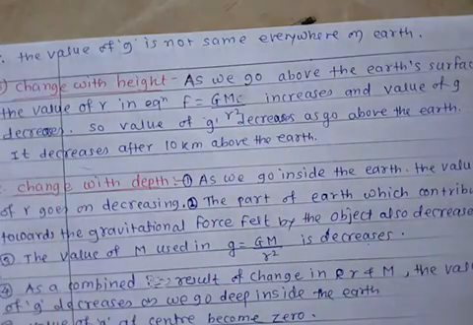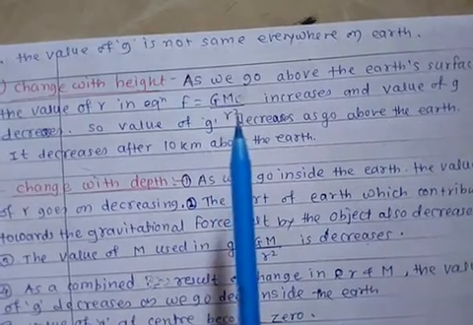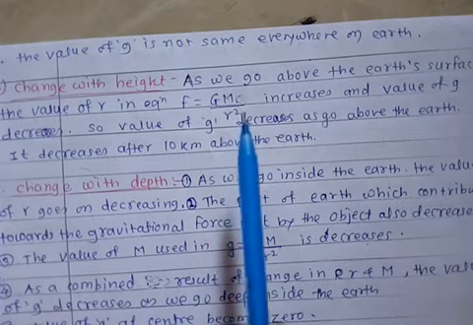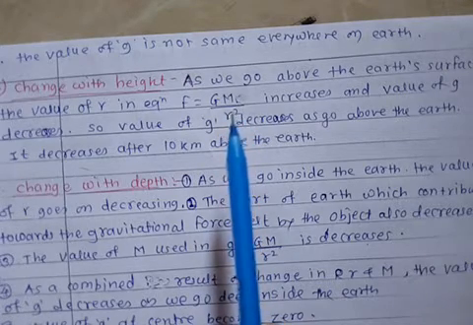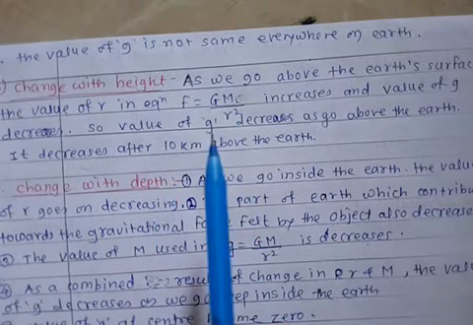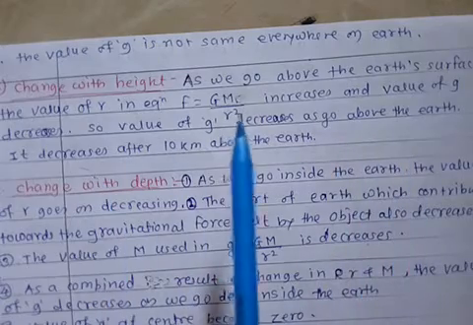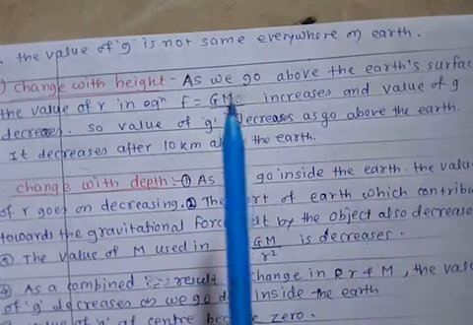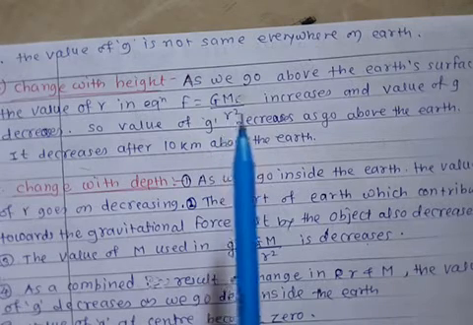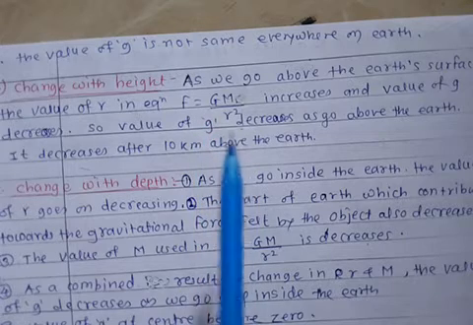Because R is squared, when R increases the square becomes a bigger number, and if we divide by the bigger number, the answer gets smaller, so g decreases as we go above the earth. You must understand that R increases, the square increases, and if we divide by the bigger number, g decreases.